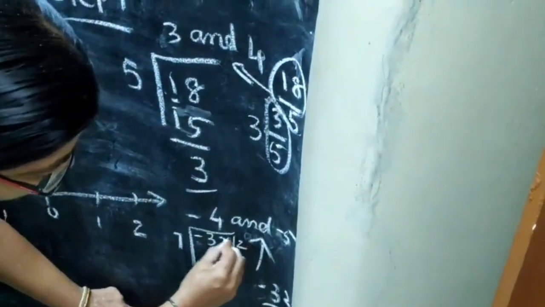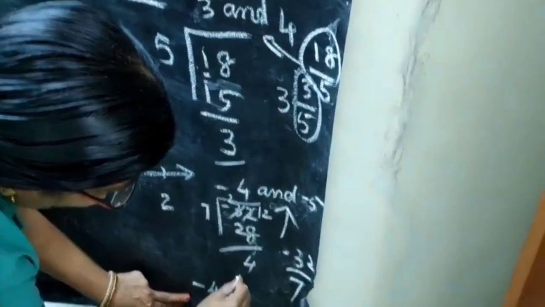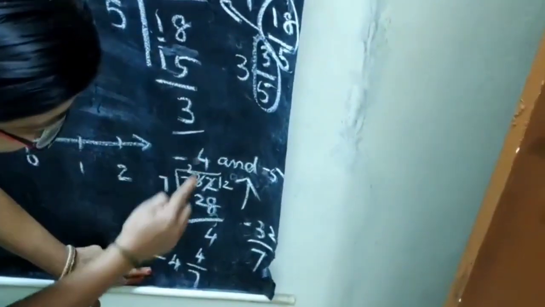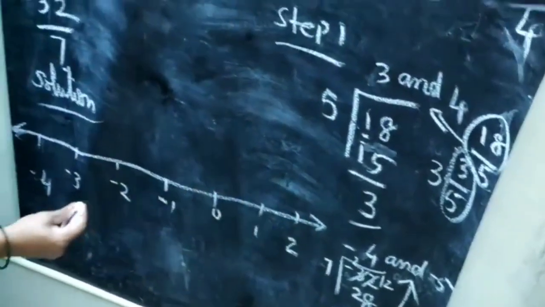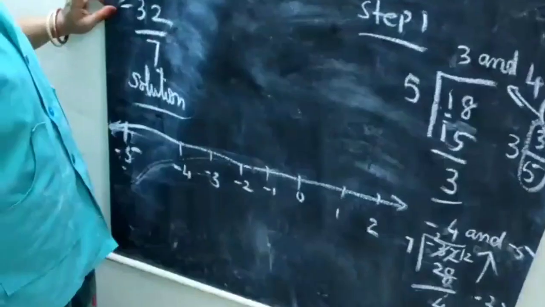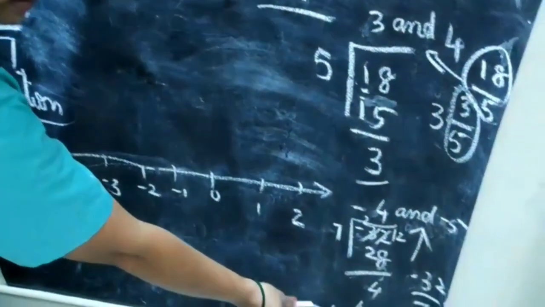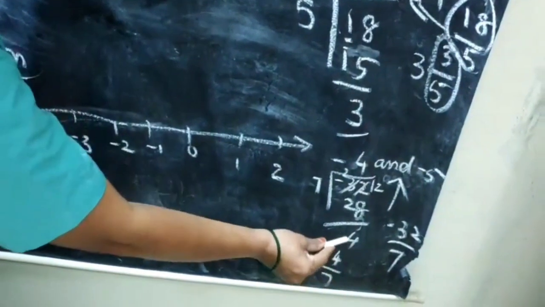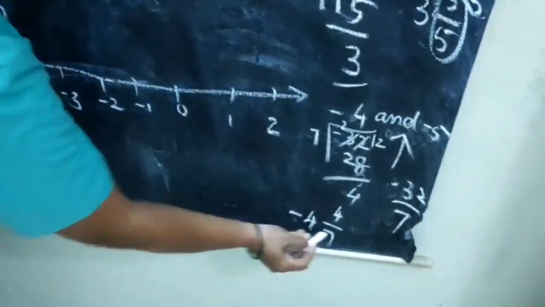Here 12, here 2. 12 minus 8 is 4. The answer is minus 4, 4 by 7. So between minus 4 and minus 5. Divide and get the answer: minus 4, 4 by 7. Quotient, remainder by 7, so 7 parts.